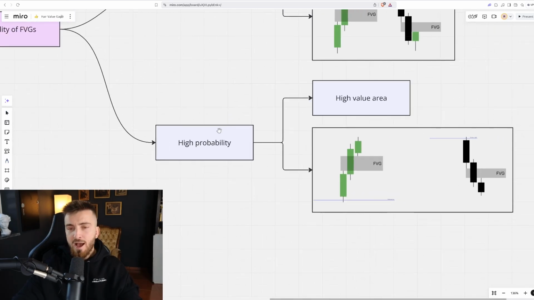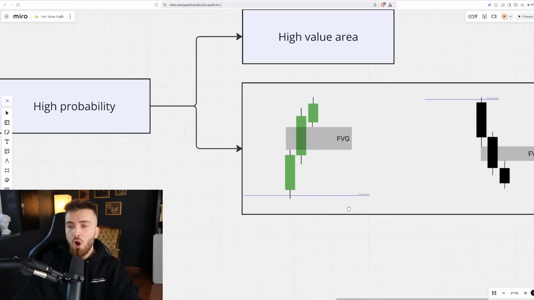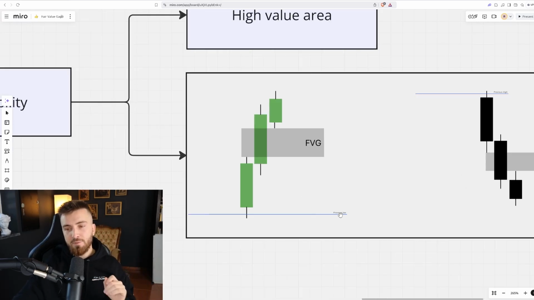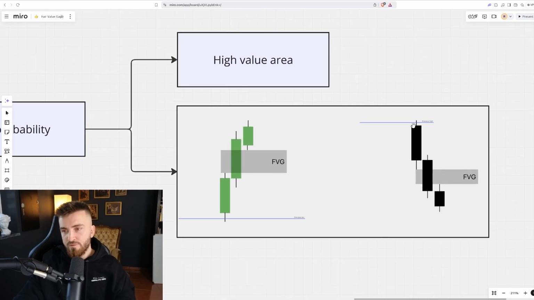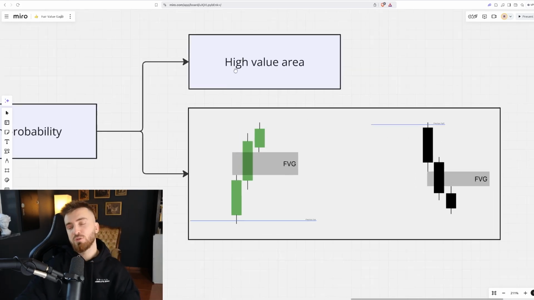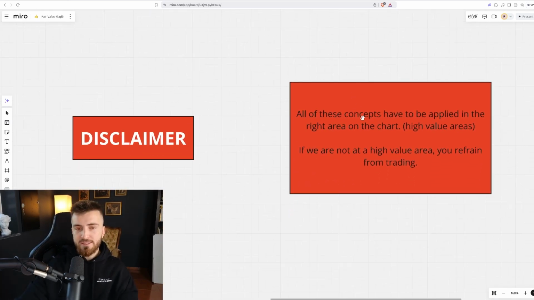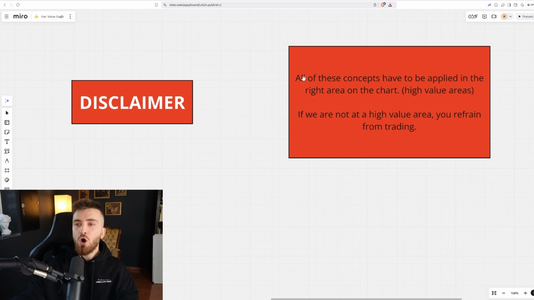And then high probability fair value gaps are always going to be marked by being at a high value area. In this case, for example, we have the previous low on a bullish fair value gap or a previous high in a bearish fair value gap. The high value area is crucial because I'm going to give you a disclaimer instantly: all of these concepts have to be applied in the right area of the charts, which is high value areas.